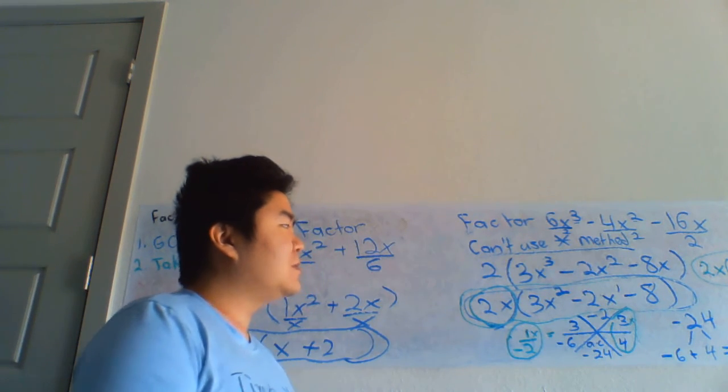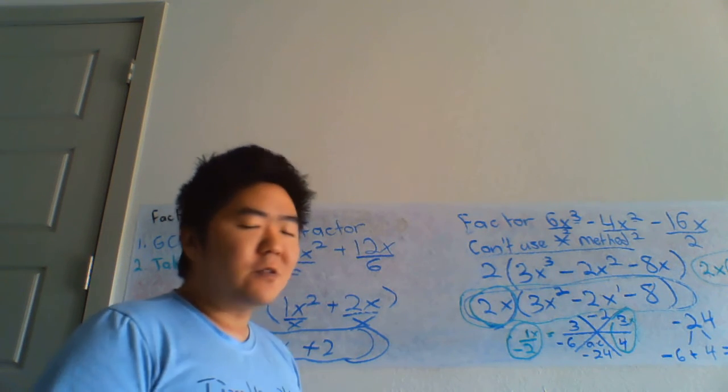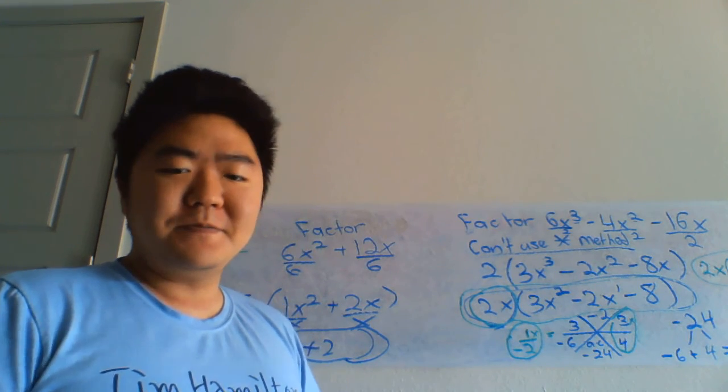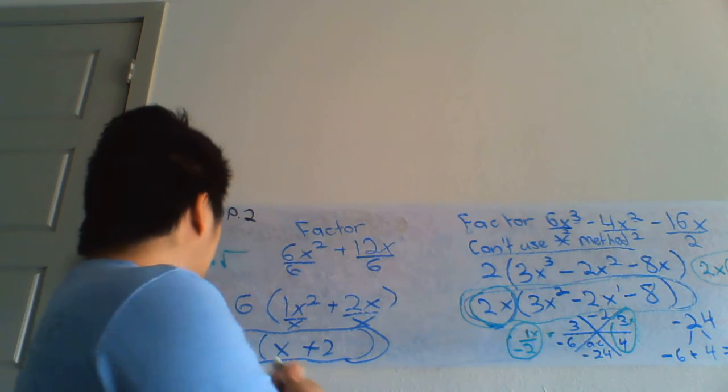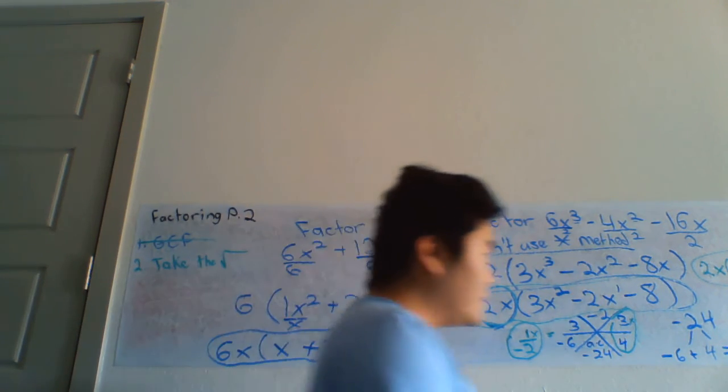So that one on the assignment, quite a bit of work, but you know, if you really want to get to the right answer, that's what you need to do for that one. All right? So that is GCF done for today.